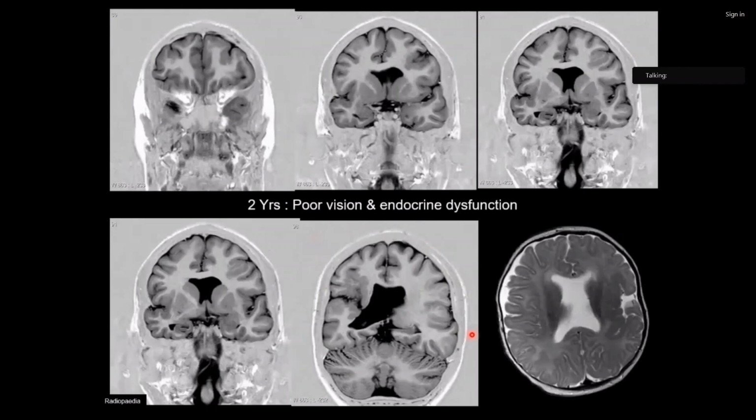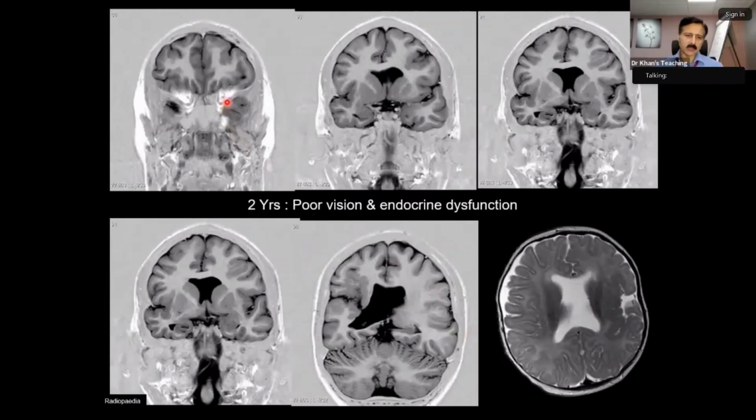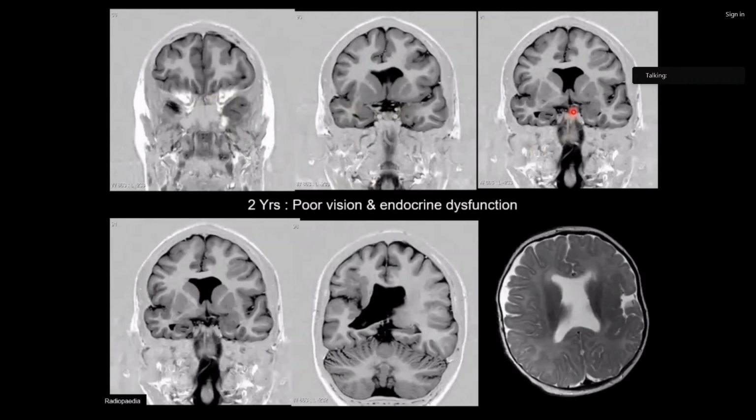Given there's poor vision and endocrine dysfunction, I'm looking for any abnormalities in the suprasellar system or possibly the optic tract or radiation. So there's a central area of low signal in keeping with a single monoventricle. So I think this is septo-optic dysplasia.